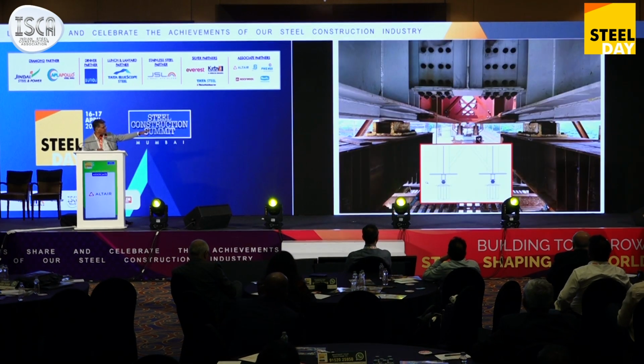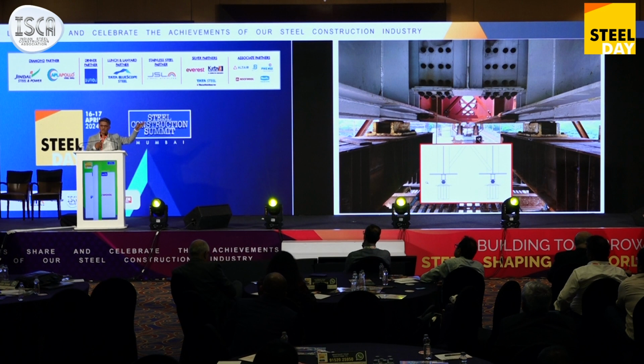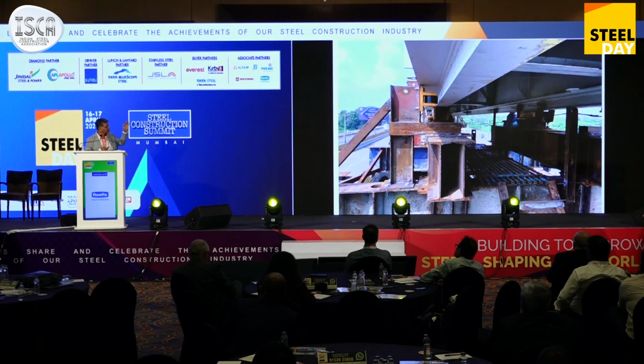You can see here these are the Hillman rollers, and over these rollers the entire bridge moves. At the beginning, the length of each span is around 45 meters, so we assembled 45 plus 45, 90 meters, and a 20 meter launching nose. After launching those 2 spans, we attached another 2 spans for the next span girders, and they were moved further.